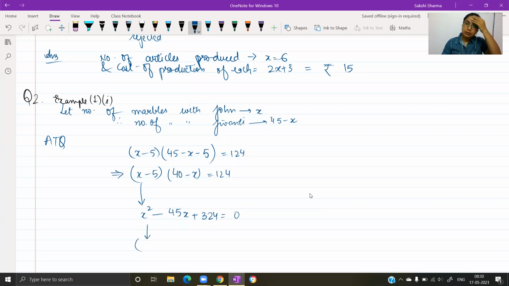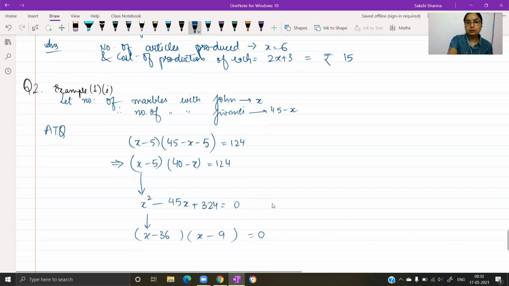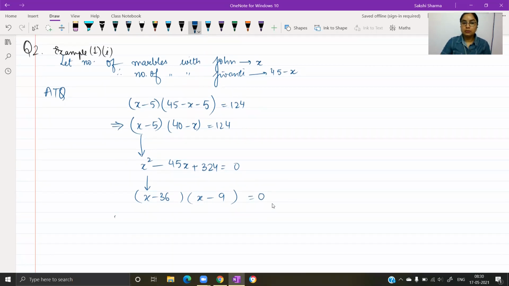And once you split up the middle term and factorize, you get x minus 36, x minus 9 as the linear factors. x minus 36 equals 0 provides you x as 36, x minus 9 equals 0 gives x equals 9. So you can write down the answer. If x is 36, the number of marbles with John will be 36. With Jivanti, it will be 9. And if x is 9, the values interchange.